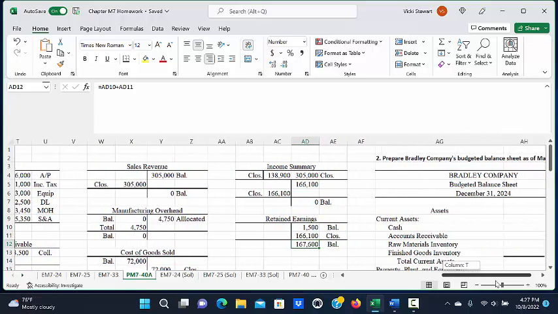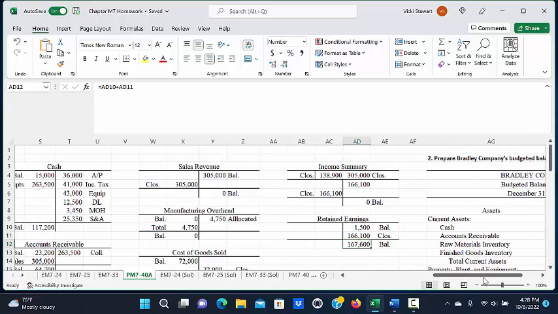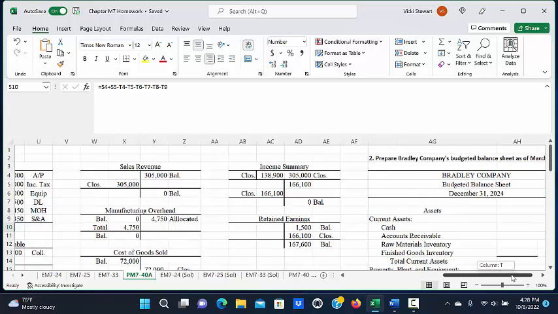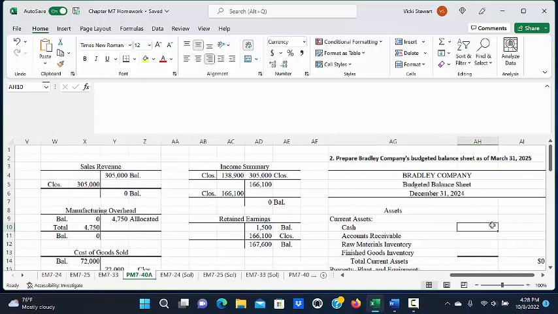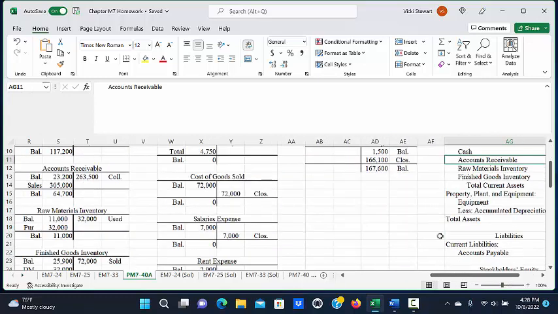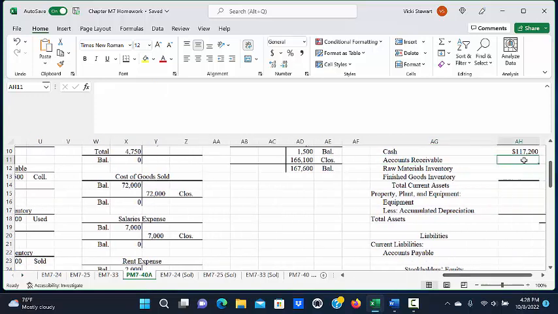And then to complete the budgeted balance sheet, we would just take the amounts from our T account. So cash would be $117,200. Our accounts receivable ending balance was $64,700.